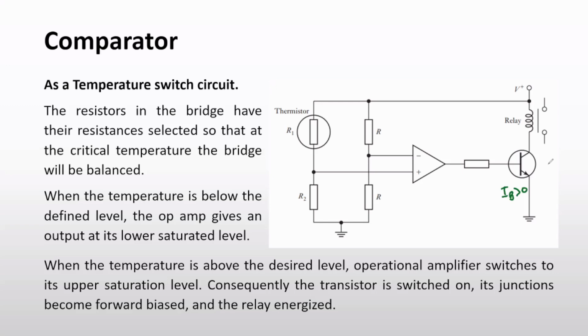I consider this as an ideal transistor. In those cases it should be 0.7 or a value like that. But in this case, the main thing is that we want to know how the operational amplifier, op amps, work here.